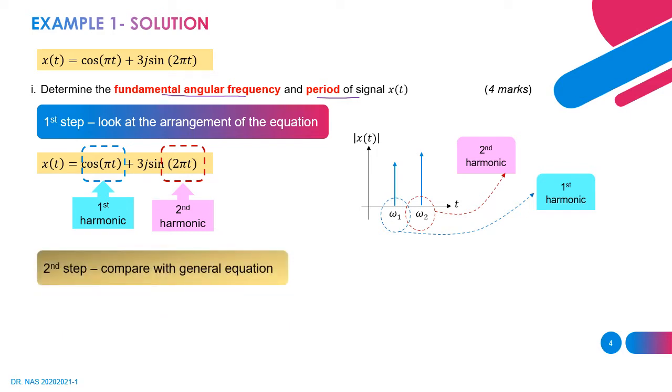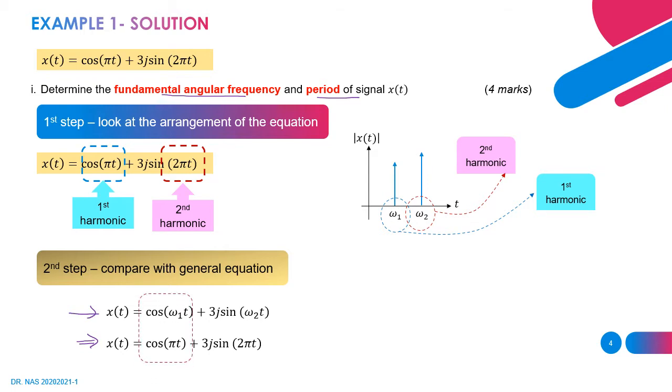Next you need to compare with the general equation. This is the general equation: x(t) equal to cos omega naught t, or cos omega 1 t. In this case, this is the given equation, so you can compare directly. Omega 1 in this case equal to pi radian per second.